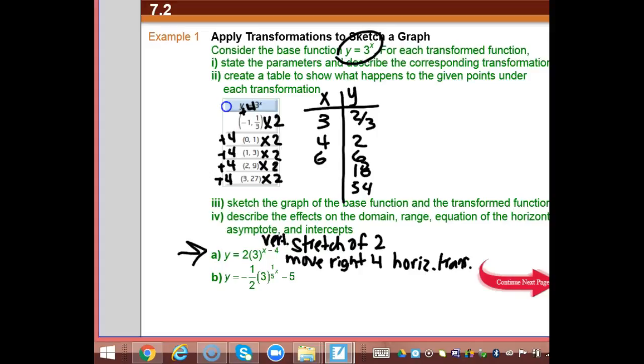And this one will be 7 then. Am I missing a point here? Oh yeah, I missed one. So then all we have to do is graph these new points to get our picture.